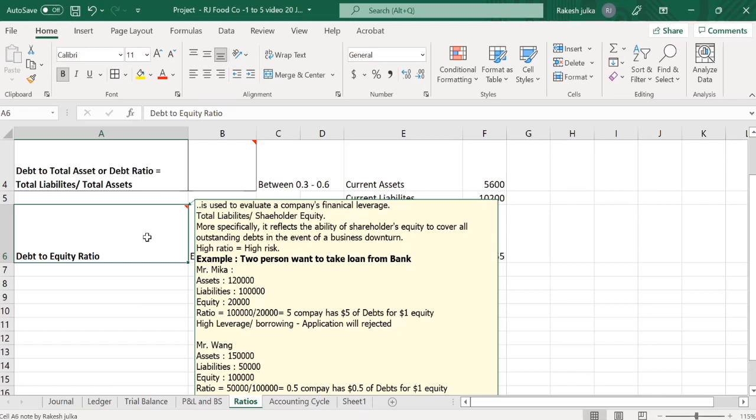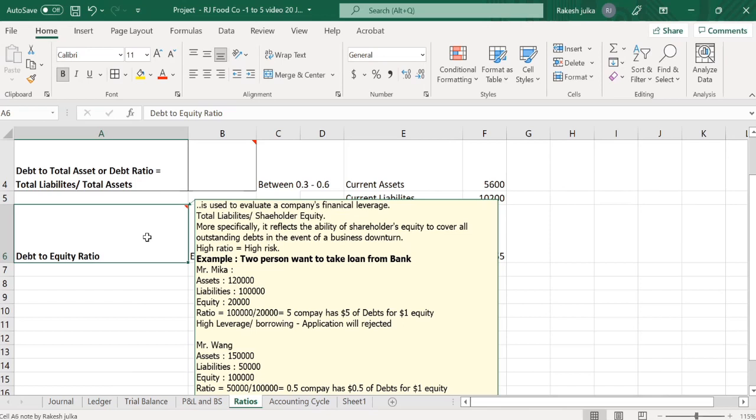It means total liabilities, whether for the short term or the long term, divided by shareholders' equity, or in our example, owner's equity.